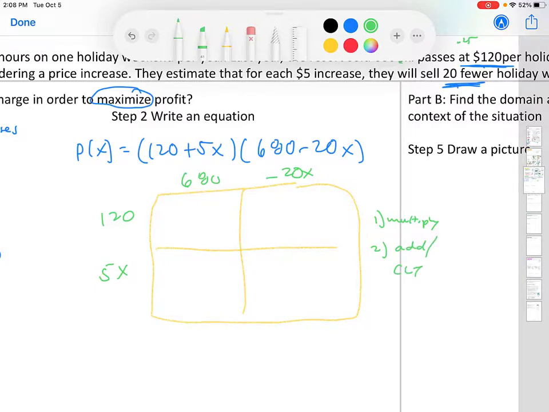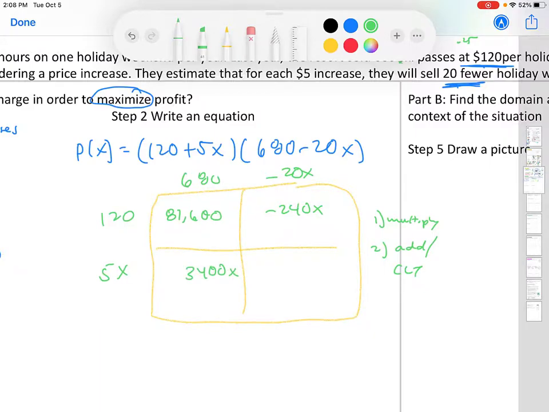Okay? Okay, I'm going to get my calculator ready here on the side. So I have 120 times 680. That'll give me 81,600. 120 times negative 20x is negative 2,400x. 5x times 680 is going to be 3,400x.